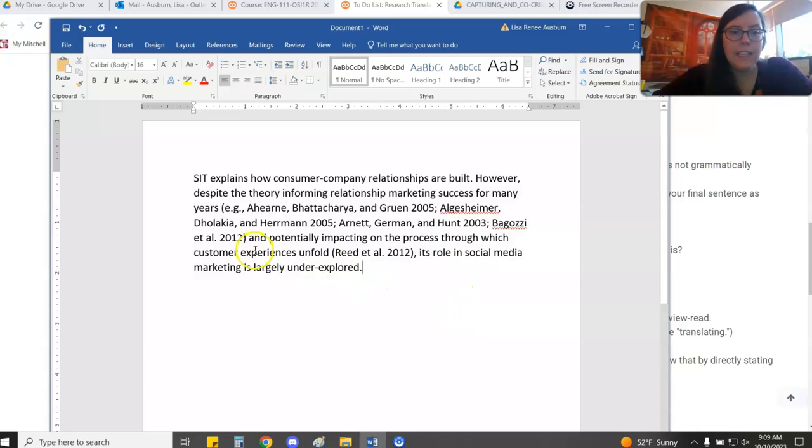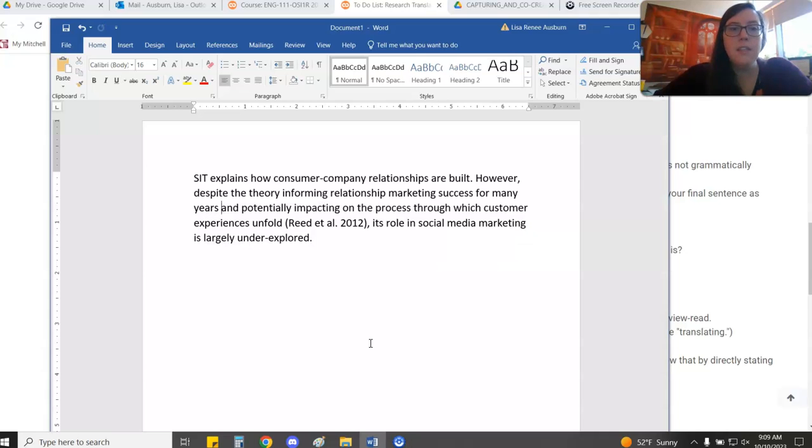Before I really get into the process, I am going to delete the in-text citations that this author has put in the sentence, just because that's going to make the translating process a little bit easier. It will help me better see the sentence in its entirety, and it also visually takes away some of that clutter so that my brain isn't overwhelmed when I look at the sentence.